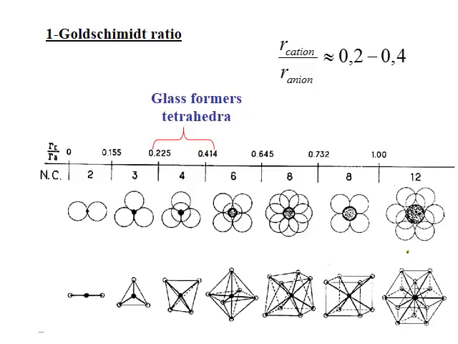The Goldschmidt ratio allows one to preview polyhedra formed as a function of the relative sizes of cations and anions. Nc in the figure is the coordination number. It turns out that glass formers fall in the region of Nc equals 4. Therefore, this is one of the first criteria proposed to classify a substance as glass former.